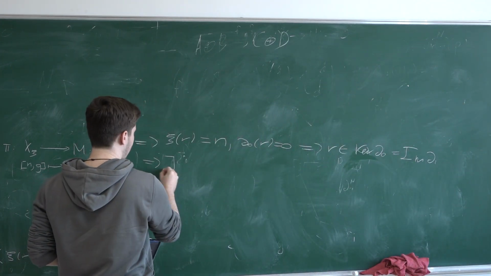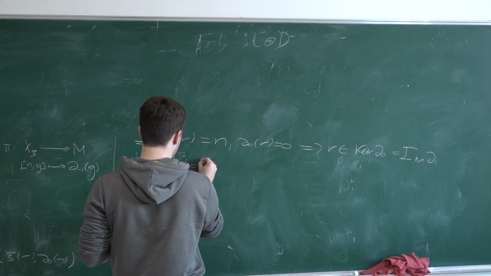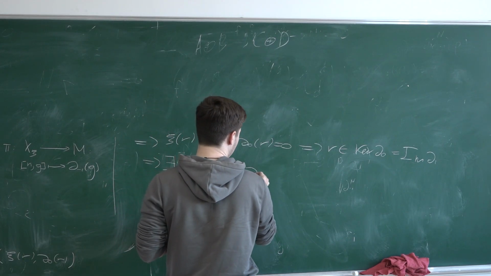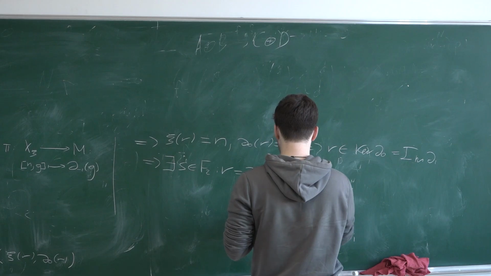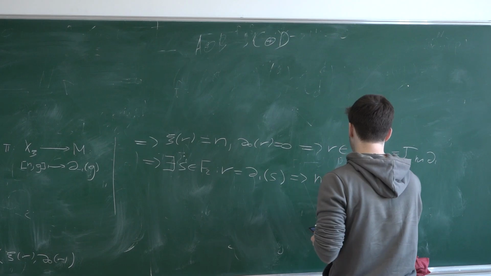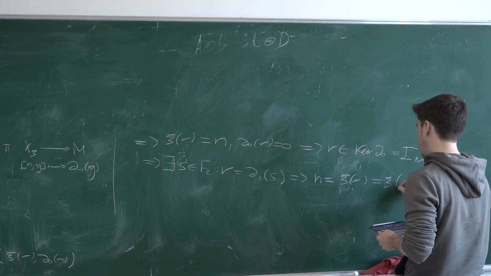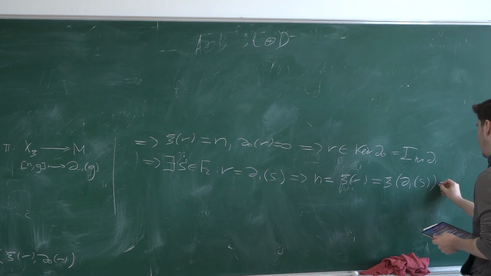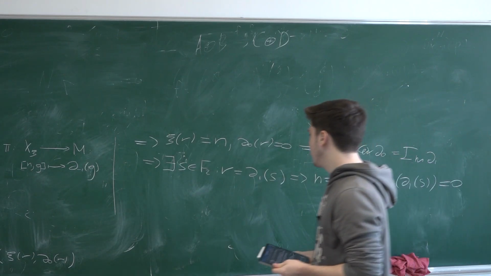This means that there exists some element S from F2 such that R is d1 of S. But that means that n, on one hand, is psi of R, and when we substitute this formula we obtain psi of d1 of S, which is psi of zero, since this is a homological complex. So it is injective.